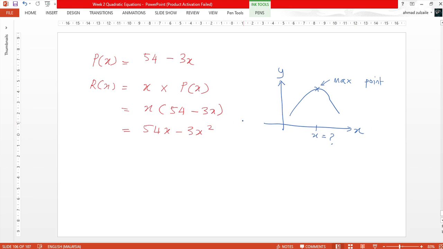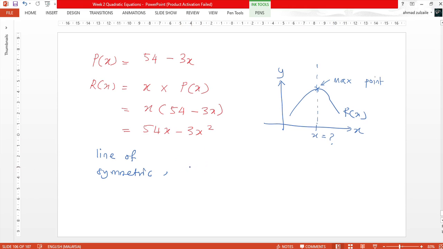You know that using the method of finding the vertex or the line of symmetry, which is used to sketch your quadratic equation, the line of symmetry can give you the maximum point or the maximum revenue, because this curve represents the graph of revenue.